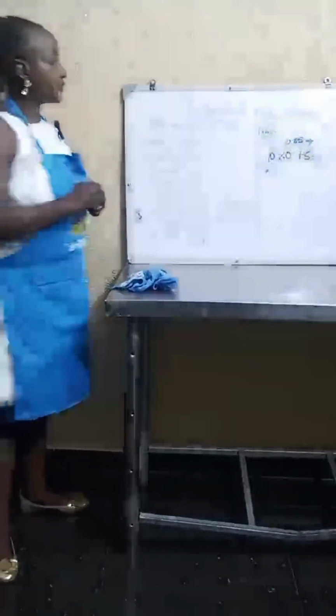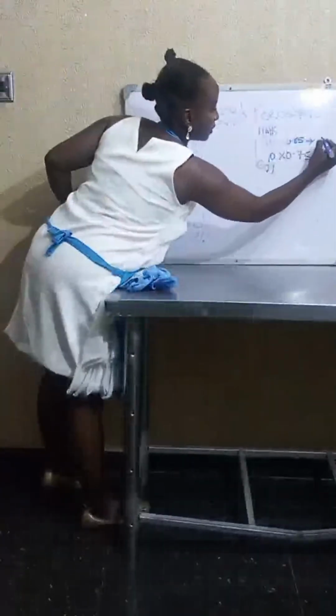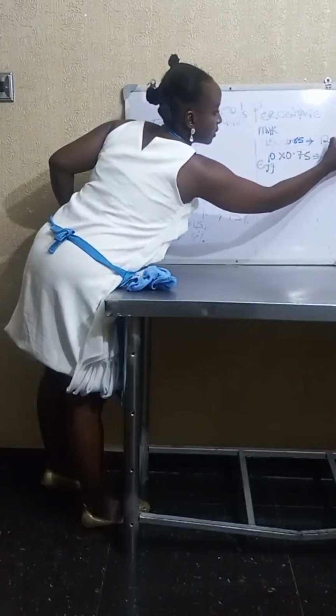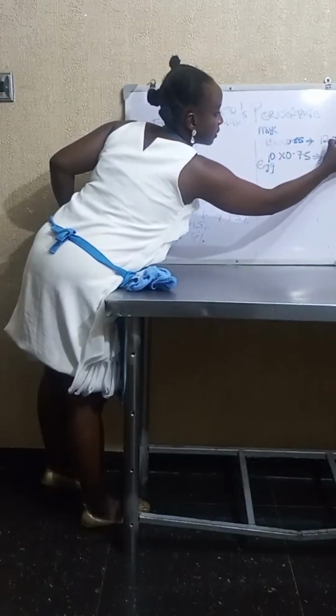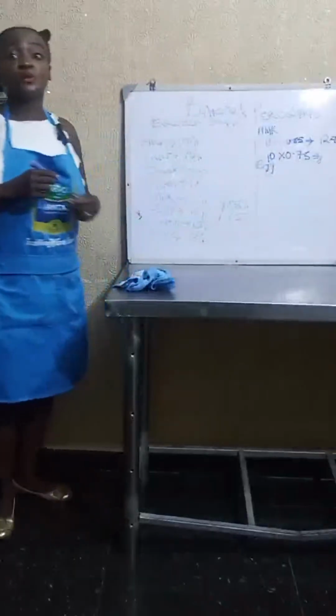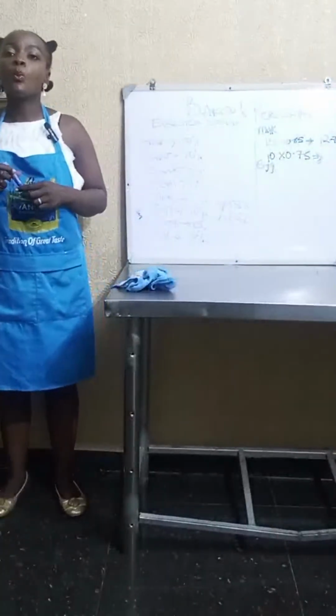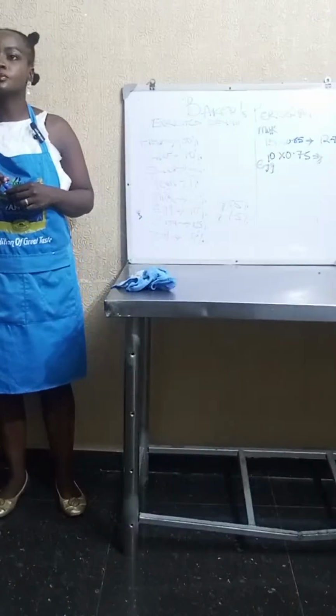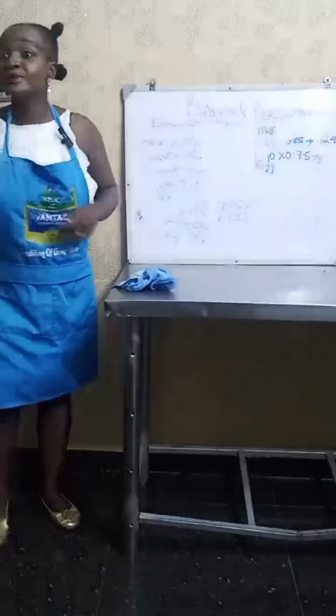That gives us 12.75. 10 multiplied by 0.75 is what? 7.5.